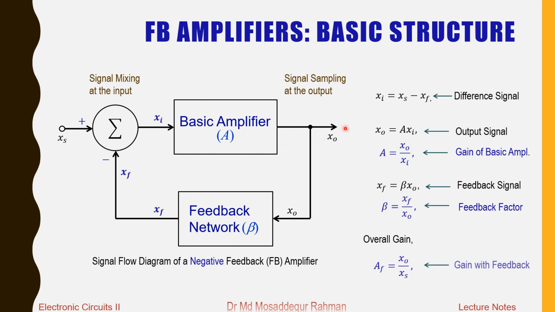X0 is our output signal, our actual input is Xs, the source signal, and the ratio we call the overall gain or gain with feedback, since this also includes the feedback network. Now our next task will be to determine the gain of this feedback amplifier.